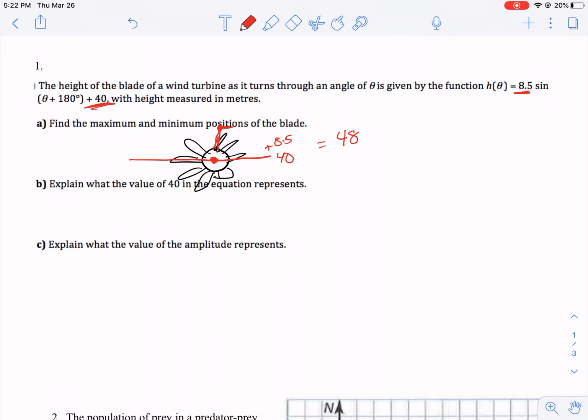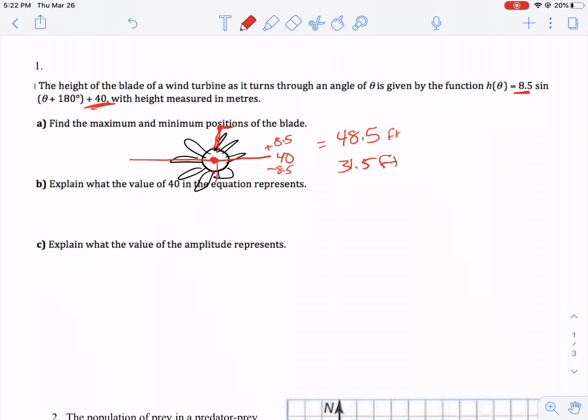So your maximum position of the blade would be 48.5 feet in the air, and then if you subtract your amplitude, 31.5 feet would be the lowest that the blade would hit. Okay, so the tip of this blade goes between 31.5 feet and 48.5 feet in the air.